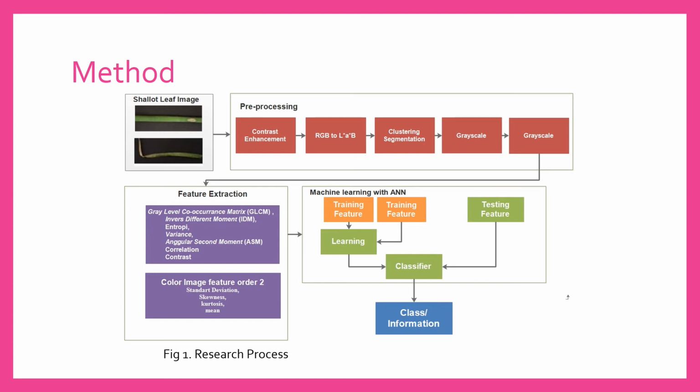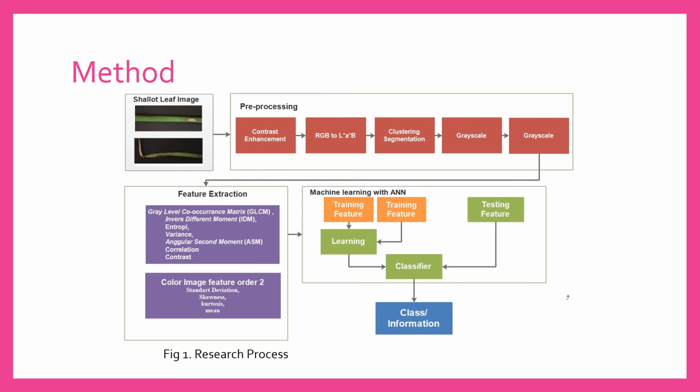The texture feature uses GLCM, gray level co-occurrence matrix calculations. GLCM is divided into several types, namely contrast, correlation, energy, entropy, variance, and IDM, inverse difference moment, while the color features are obtained from the statistical characteristics of the second-order RGB values of the image itself. Color features are divided into a number of calculations, namely standard deviation, kurtosis, mean, and skewness.